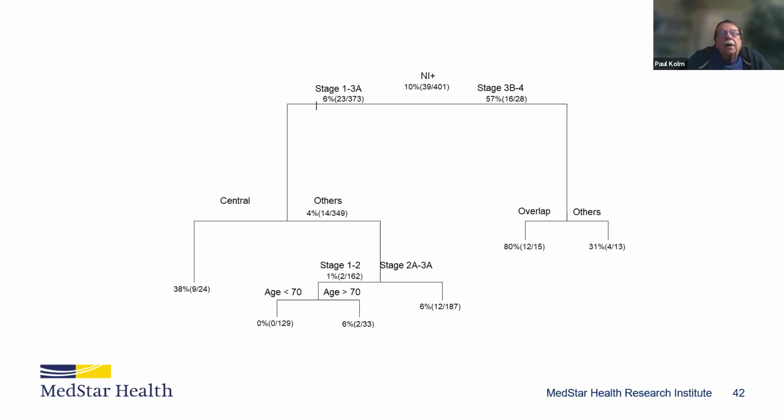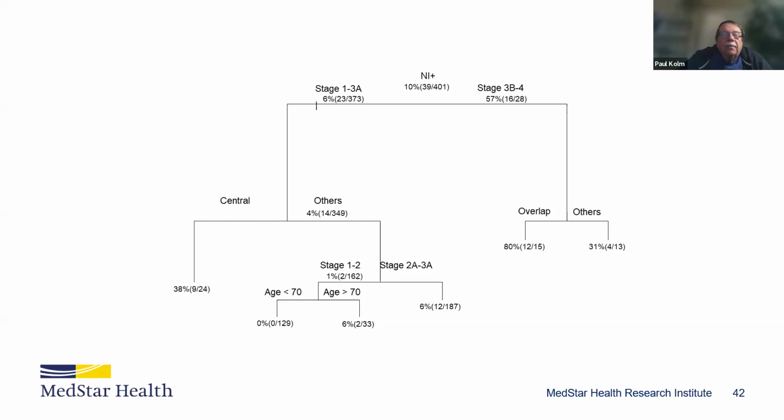And then for those that have stage less than 3B, we have another split in the tree, or partition in the tree, with location, this being central versus others. The central location ends up with a rate of 38% versus others, which is only 4%.